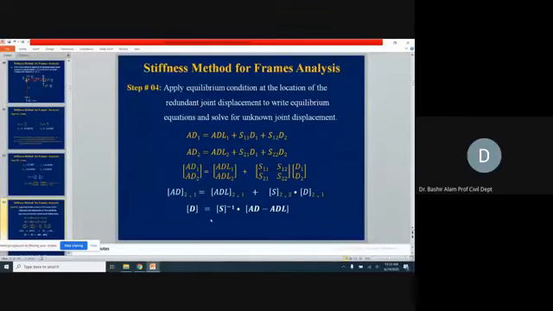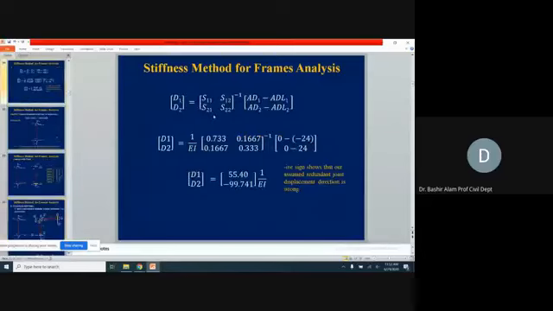So what we do now in the next slide, we are going to put the stiffness matrix here, AD values and ADL values here. So here now you see this is the matrix format. We put the values. If you remember, it was EI times these numbers, but we took the inverse of EI, so it now became 1 over EI. And this is the matrix now for which we need to take the inverse.